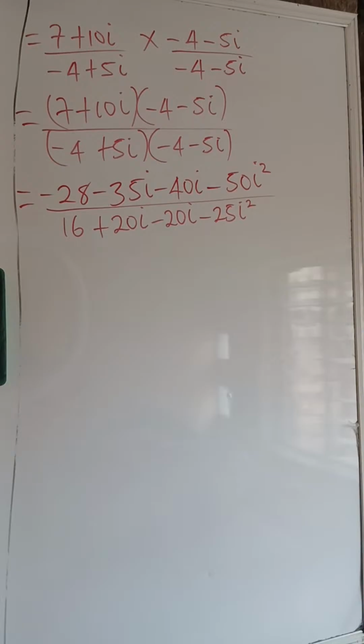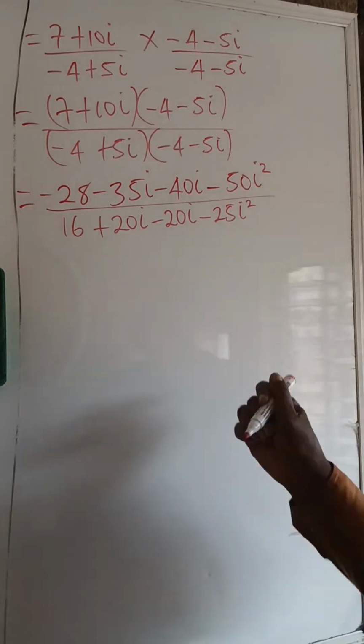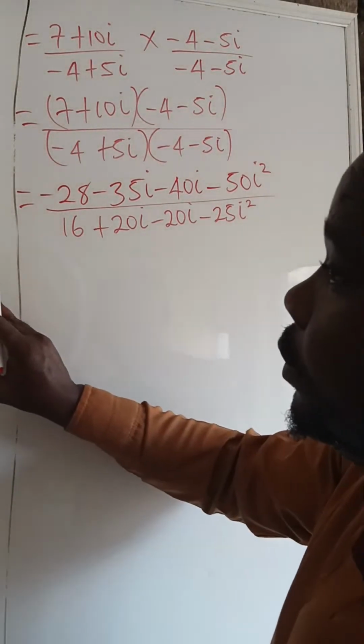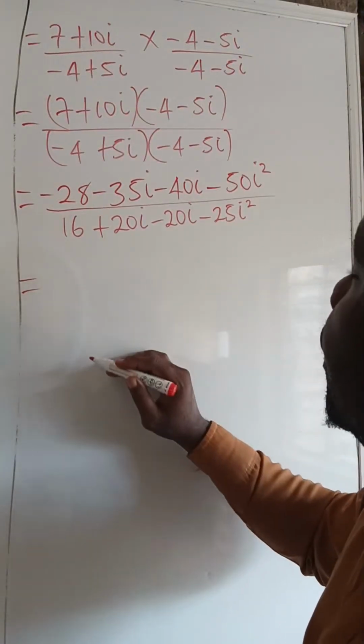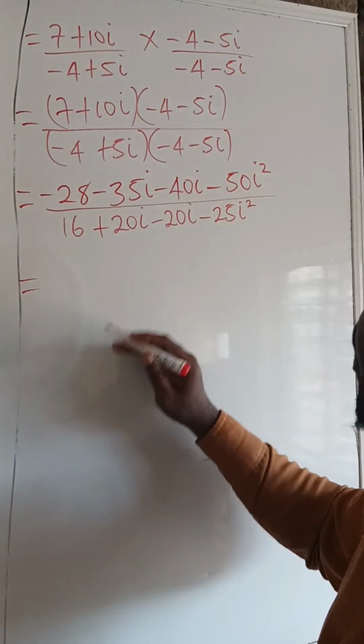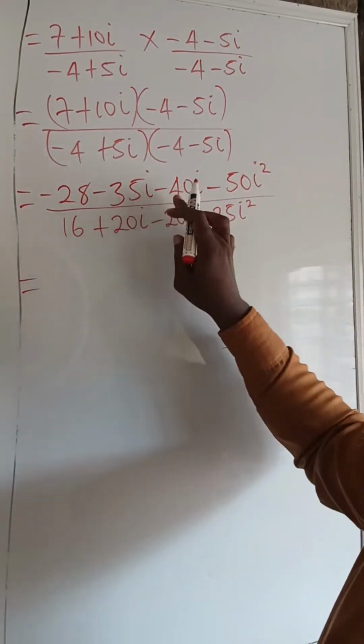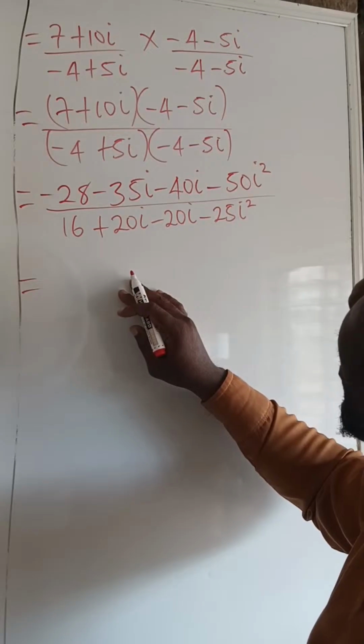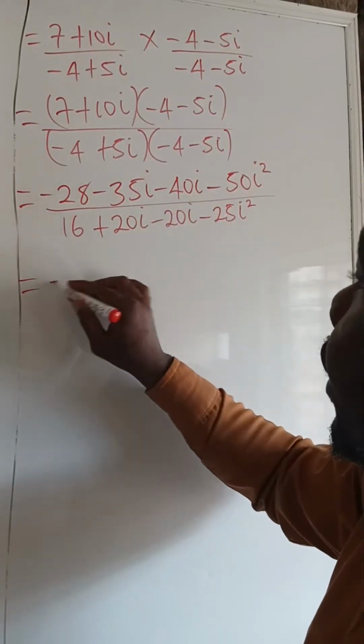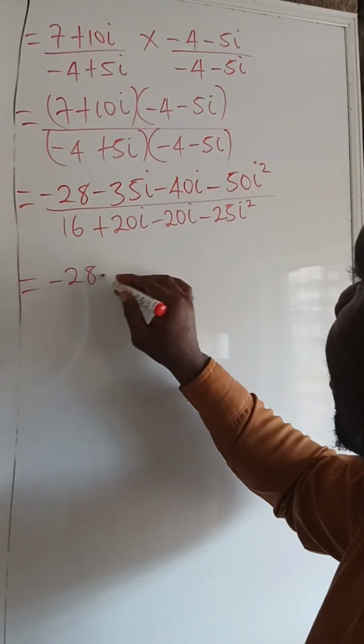If you agree with me, let's proceed. Here we collect terms. We have minus 35i minus 40i, which is minus 75i, and minus 28.